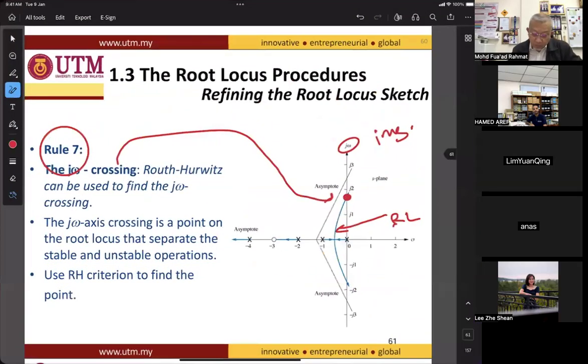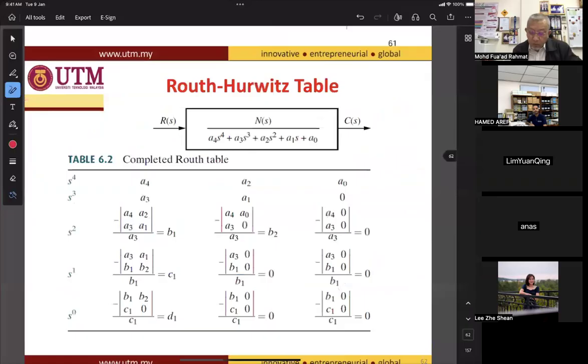So back to the locus. This point is vital due to the fact that it will split between two regions. And in order to find this point, we have to use the Routh-Hurwitz criteria. Routh-Hurwitz criteria you already learned in the modeling and previous semester module, where you are required to find this equation.